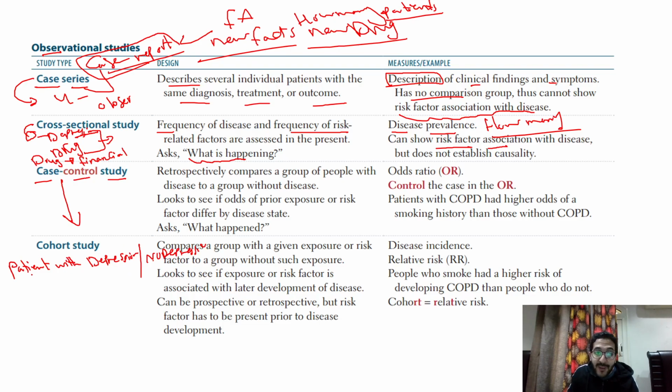You start with patients who already have the disease, so one group is diseased and one is not, and you can go back in time to see if this patient really did take drugs or not. So was he exposed to the risk factor or not?